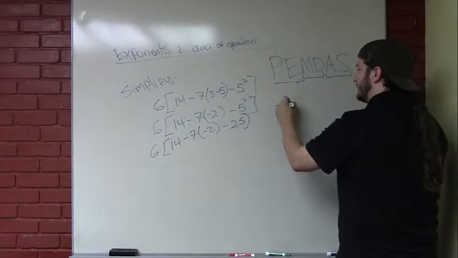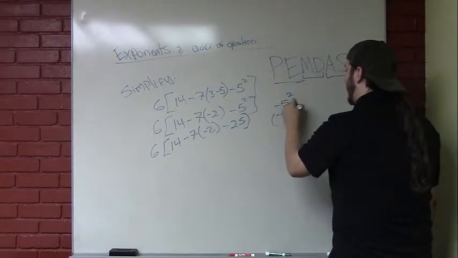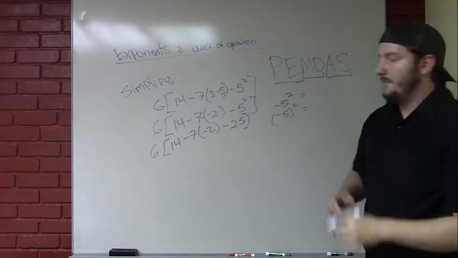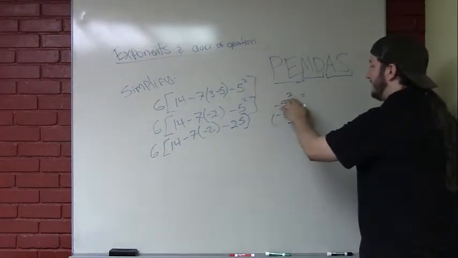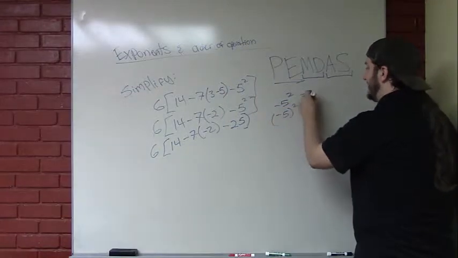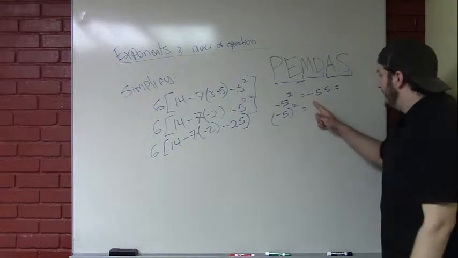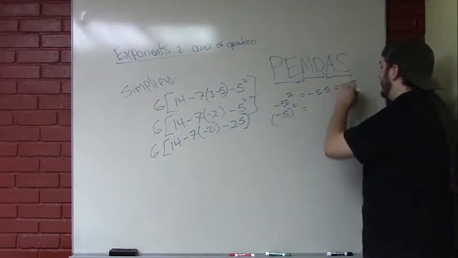Let me clarify one thing real quick. There's a difference between negative 5 squared and negative 5, quantity, squared. This is a common mistake I see a lot of students misunderstand. Negative 5 squared, how it's written here, is like negative of 5 times 5, which ends up being a negative 25.